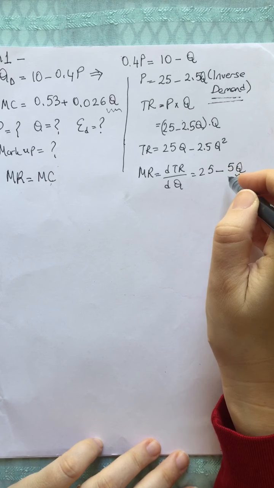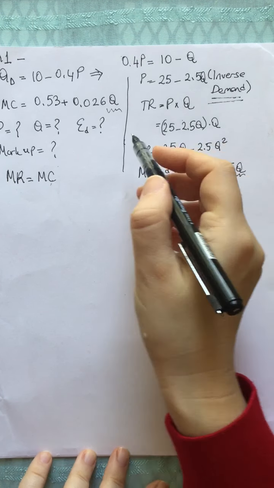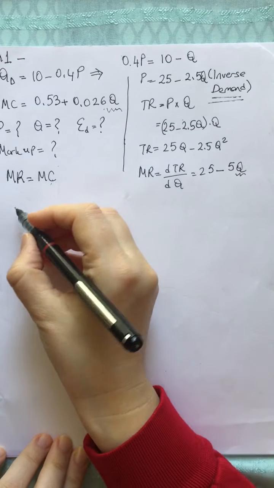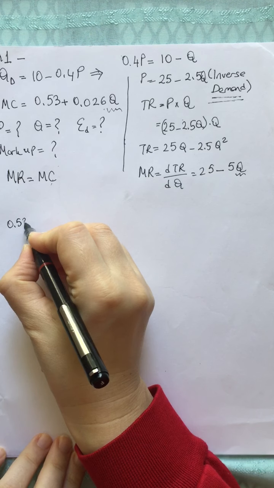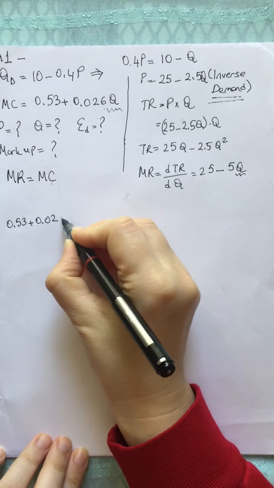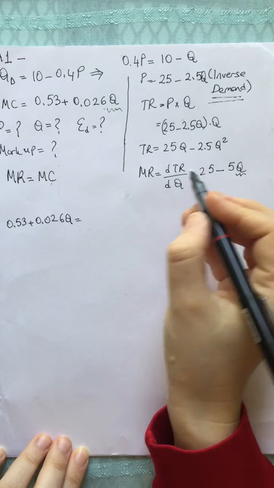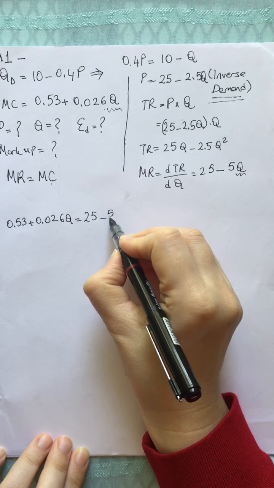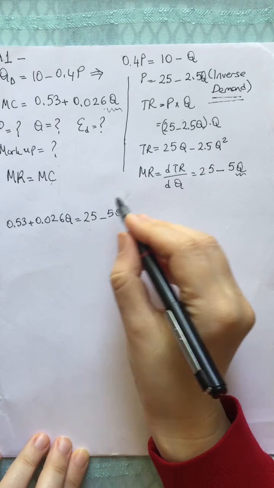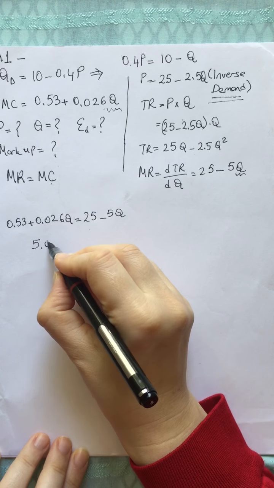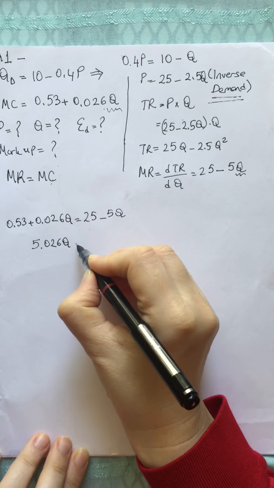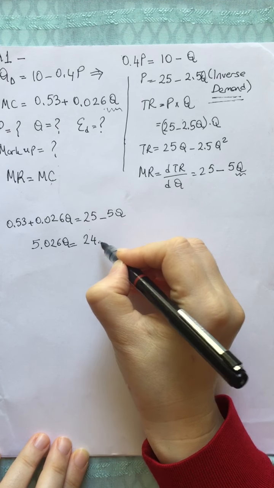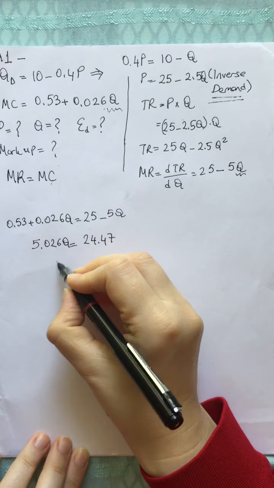Now we found the marginal revenue in terms of Q as 25 minus 5Q, and we have directly the marginal cost function. Now we will equalize them to each other. 0.53 plus 0.026Q, which is marginal cost, must be equal to marginal revenue 25 minus 5Q, and it means that 5.026Q must be equal to 24.47.